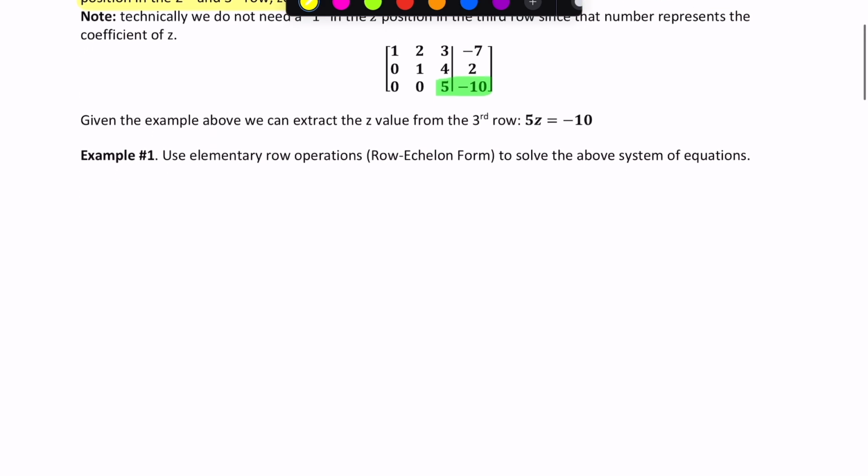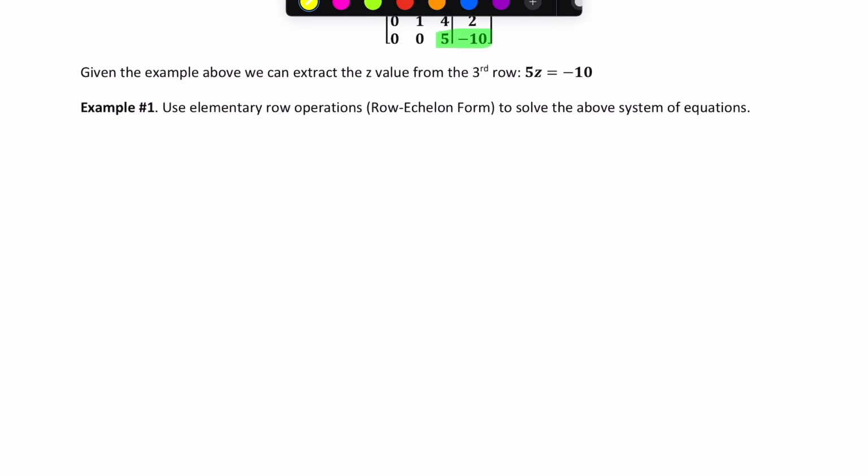And so here, example number 1 says: use elementary row operations to reach row echelon form to solve the above system of equations. Okay, so let's redraw our matrix here.